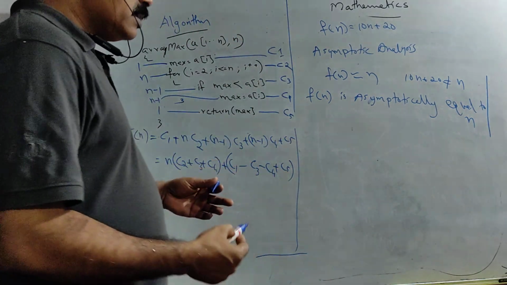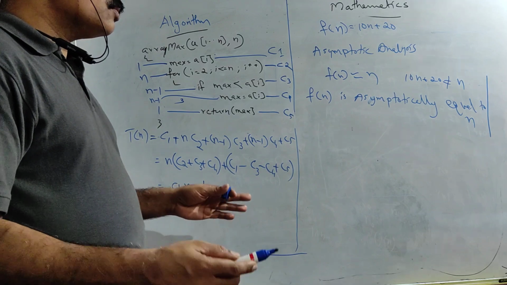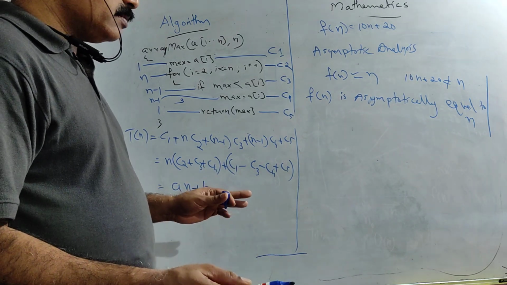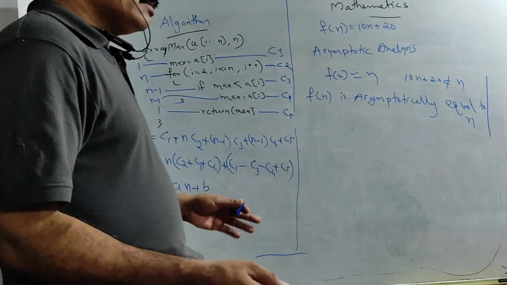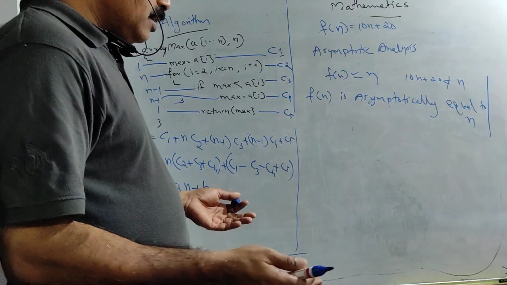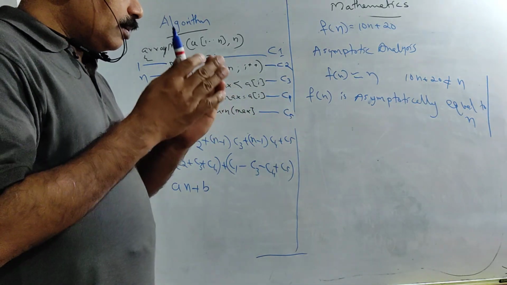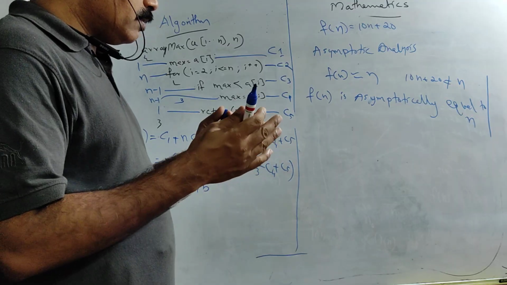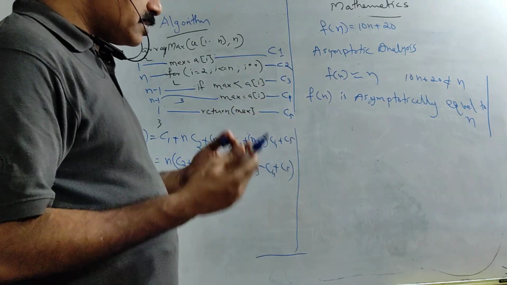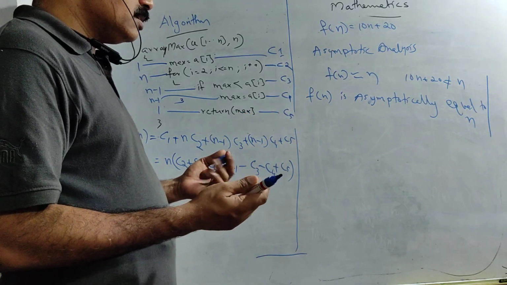We never say f of n equal to n. We are saying f of n is asymptotically equal to n. Okay, in asymptotic analysis we avoid or we neglect minor details, and we will consider only the terms which contribute more or whose contribution is significant. We will consider only those terms.